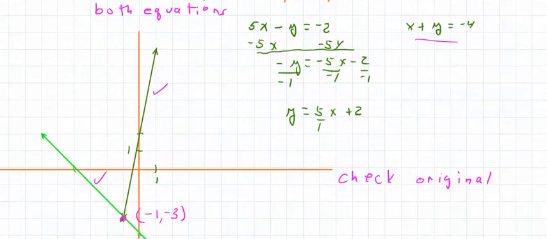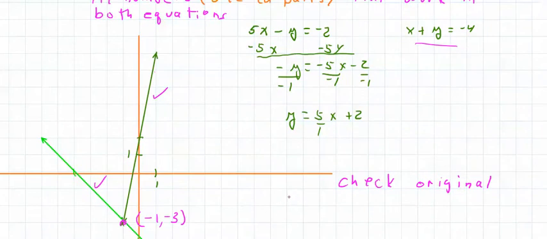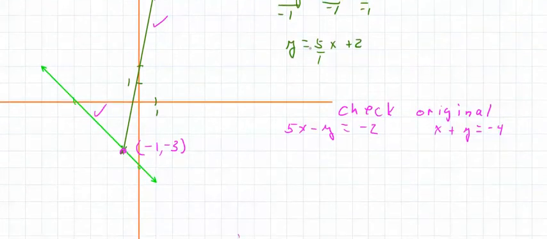So 5x minus y equals negative 2. X plus y equals negative 4. And we do the check.